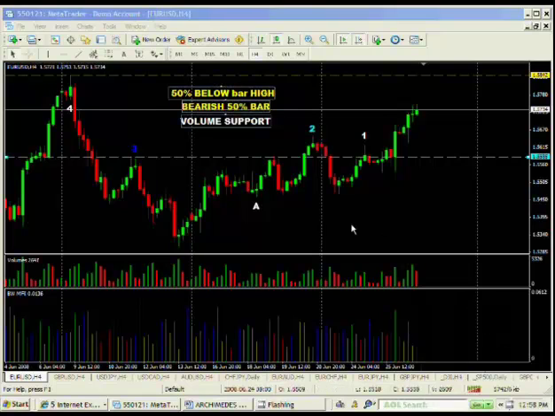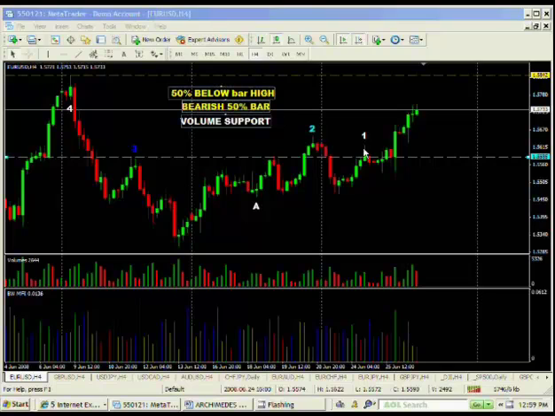We want to see that higher volume because it tells us that gravity is in control rather than buoyancy. If we go up here and gravity comes into play and stops the move, and we fall down 50% below the top of the bar, who's in control?